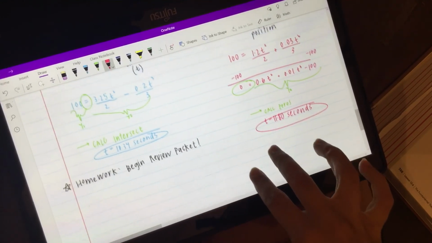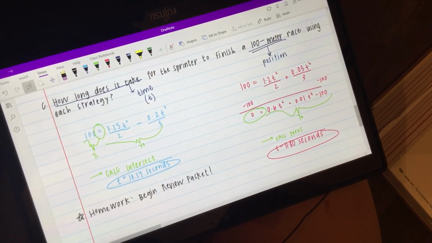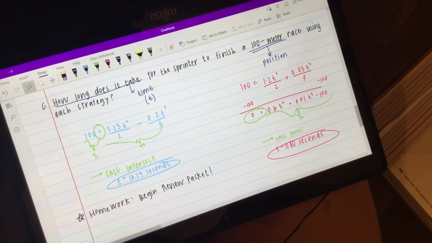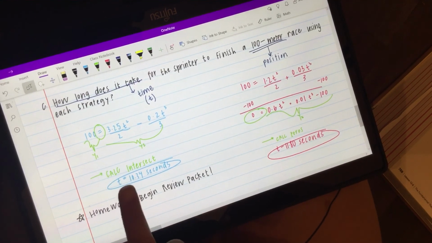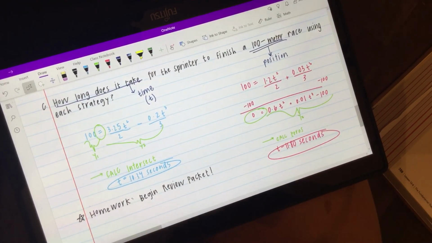So clearly she wants to use the first strategy of a quick start, burst of speed in the beginning if she wants to do a faster time in the race. Is that what you thought? Did you think that that was the best strategy, or did you think the other one was the best strategy?